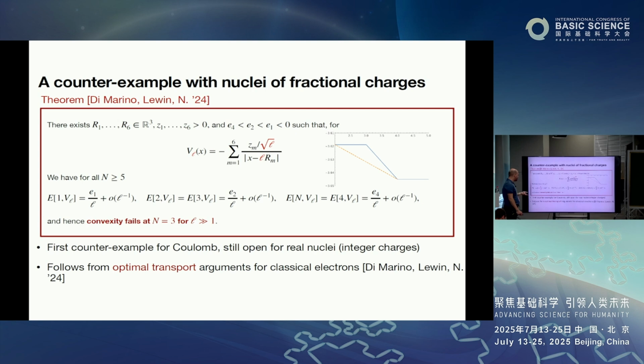So this is actually the first counterexample for the Coulomb potential, but of course we are a little bit cheating, because it's not a physical counterexample, since we do not have an integer charge on each nucleus. But at least we can have an integer charge for the whole molecule, even if it's not exactly a physical system.